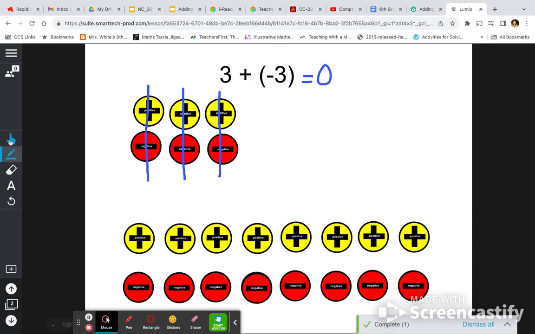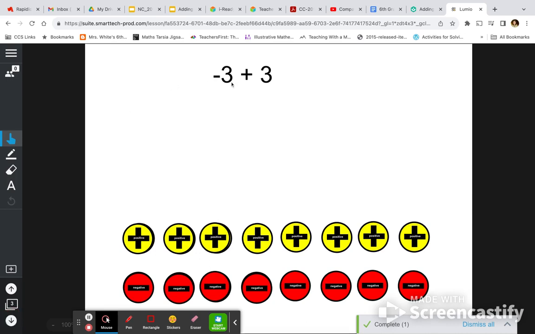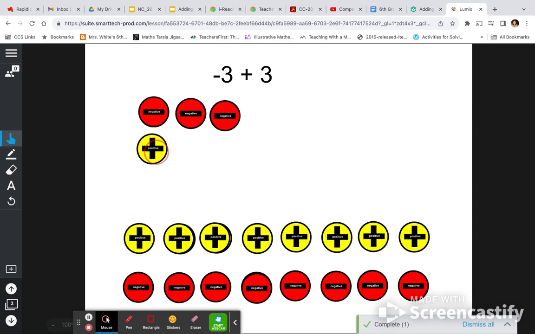A similar question will be your next question. What happens if I start with -3 and I add 3? So let's do that. -3, so we get 3 of the negatives. And again, if you're drawing a picture, you could take 3 circles and put a negative sign in those. And I'm adding 3. We know that's positive, so I'm going to put my second number here. Again, you could draw 3 circles and put the positive sign.